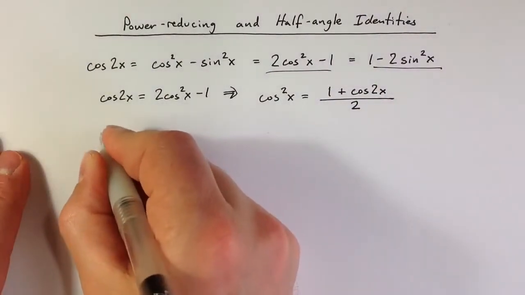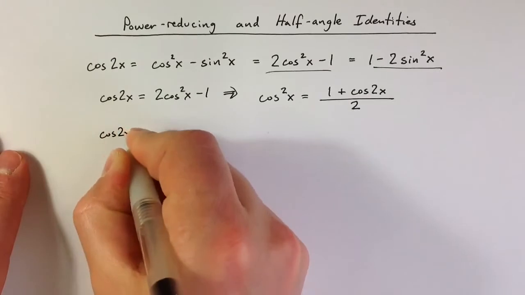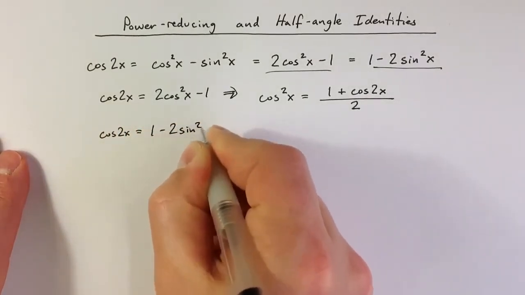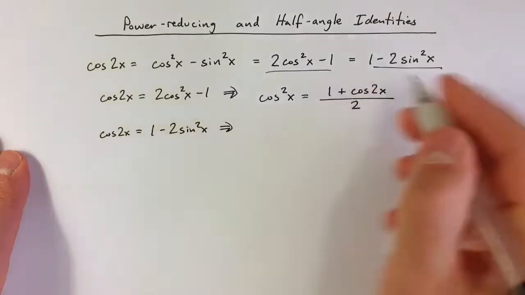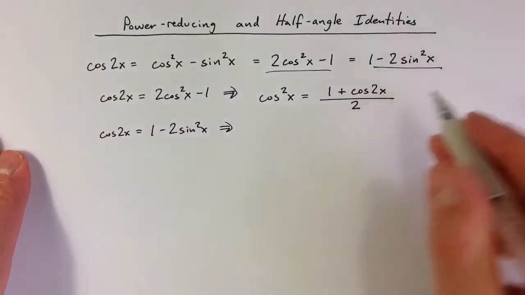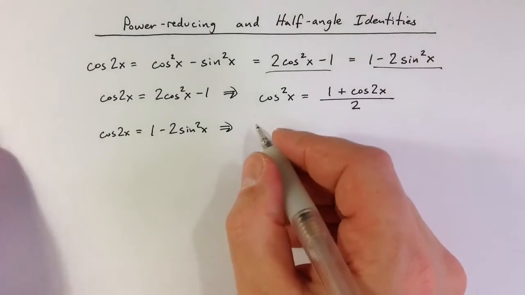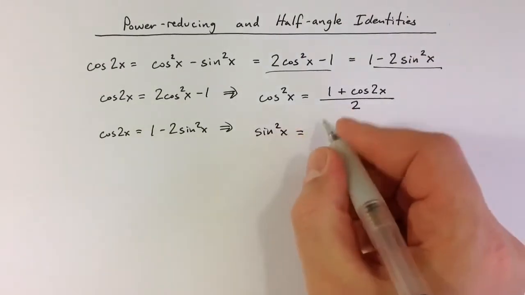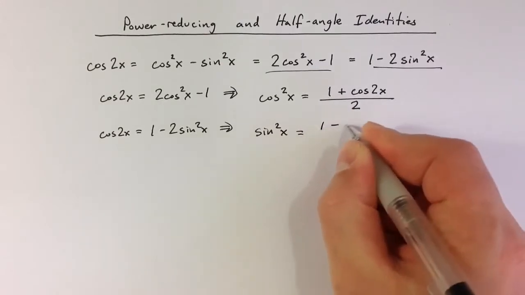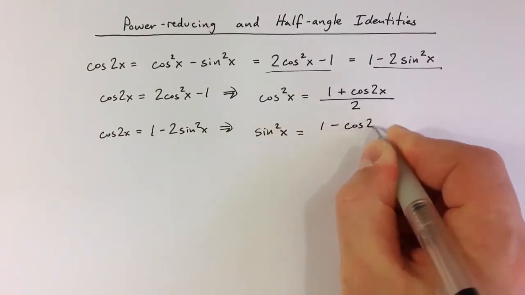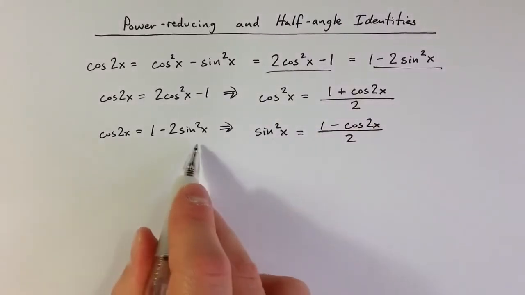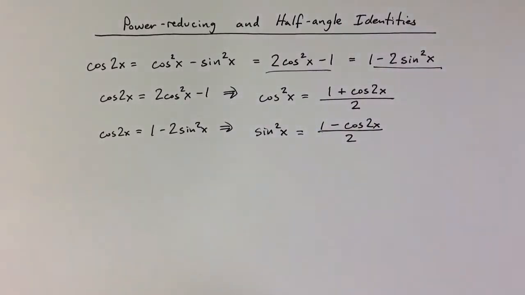In a similar way, if we take the alternate form for the double angle identity, cosine 2x equals 1 minus 2 sine squared x, and solve for sine squared, we end up with sine squared of x equals 1 minus cosine of 2x, divided by 2, because the cosine of 2x would become negative and the sine squared would become positive on the other side.